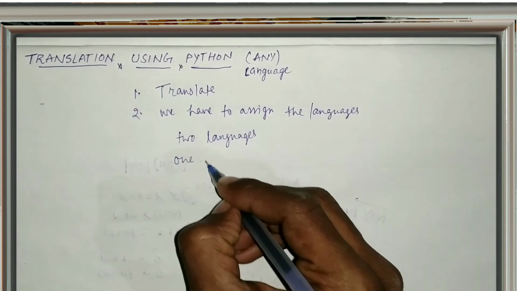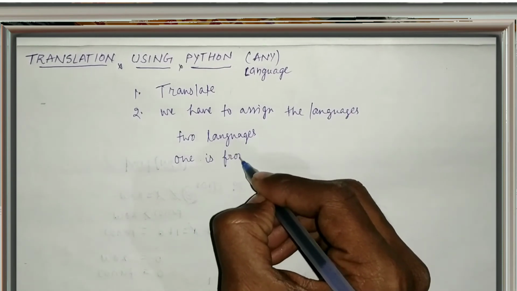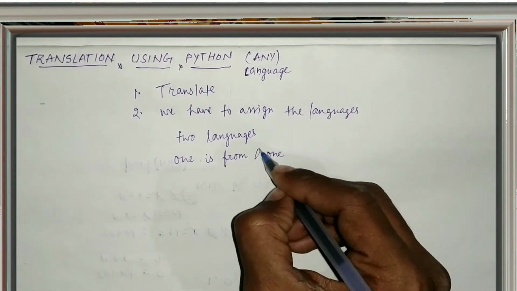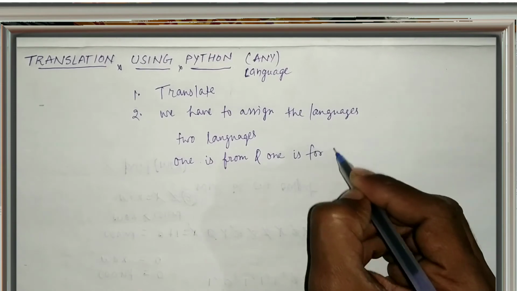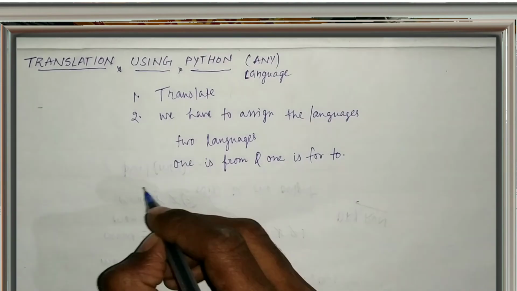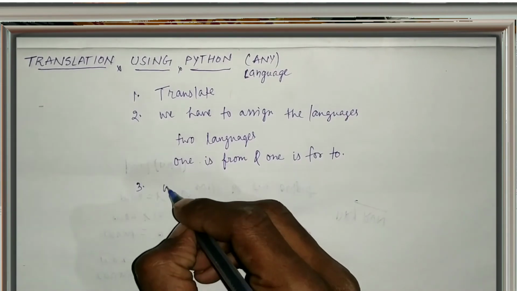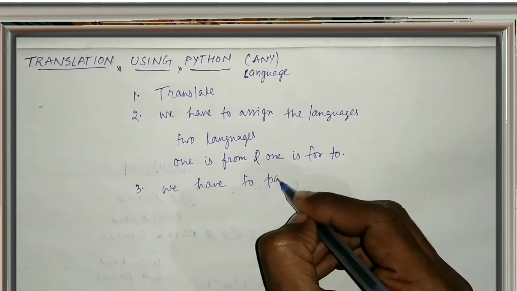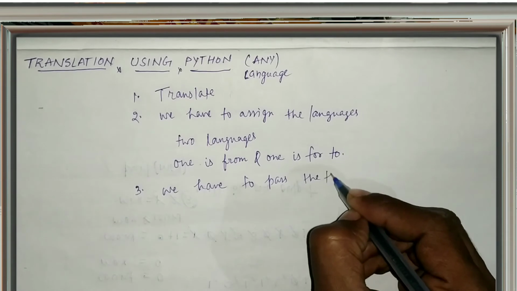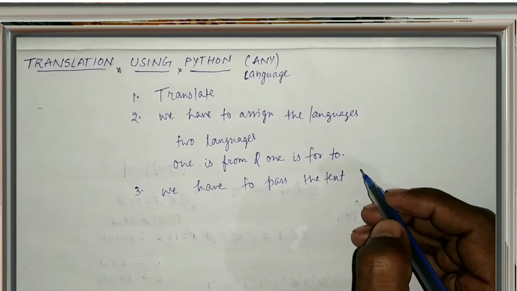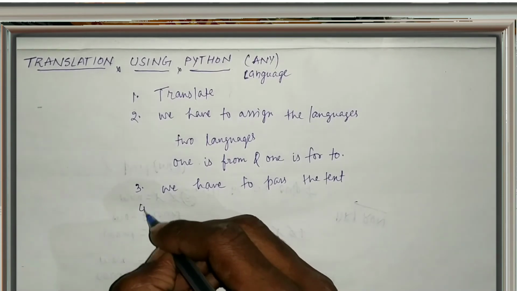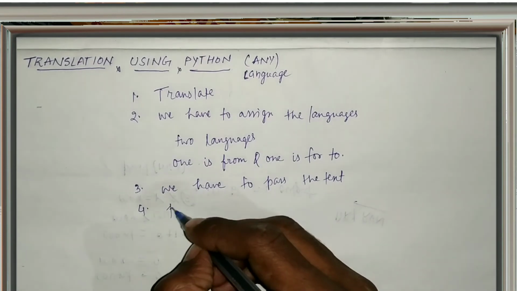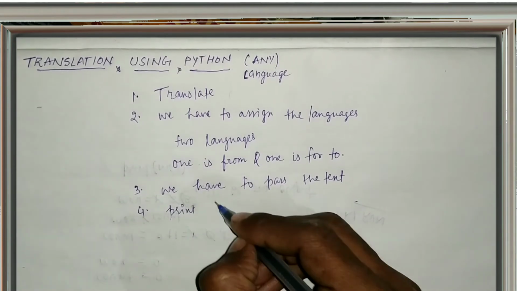One is from and one is to. After setting up the languages, we have to pass the text so that the text will be translated, and after that we have to print the text.